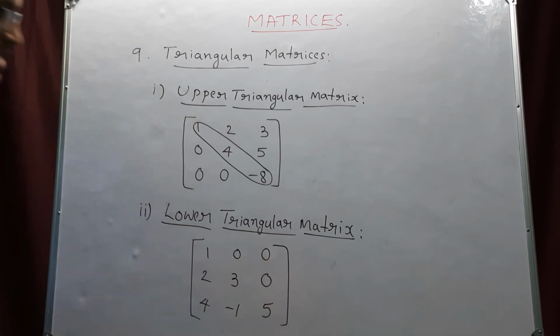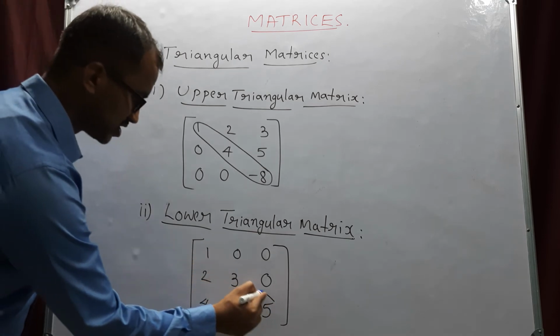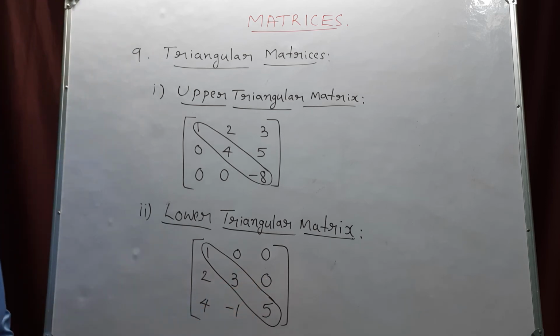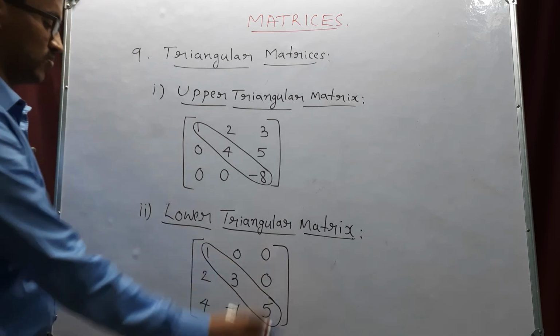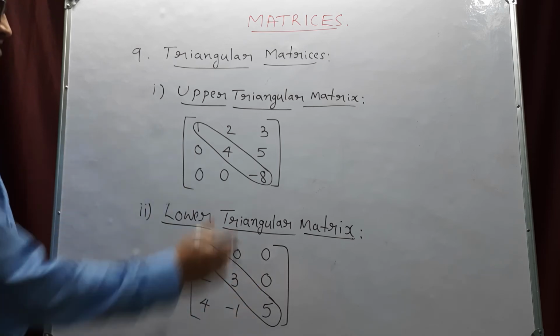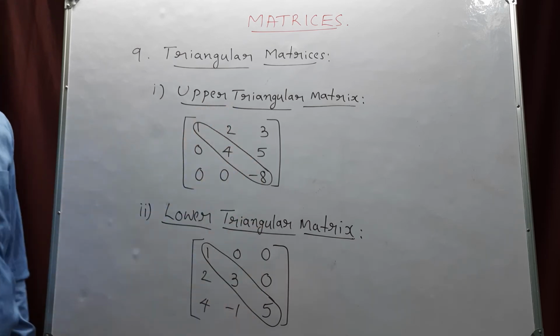This is an example of a lower triangular matrix, because all the elements above the principal diagonal are 0. So this is a lower triangular matrix, and that was an upper triangular matrix.